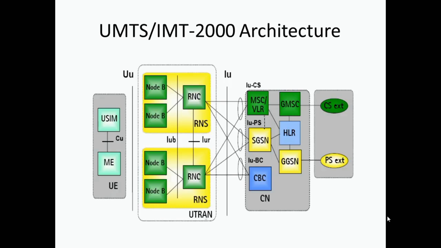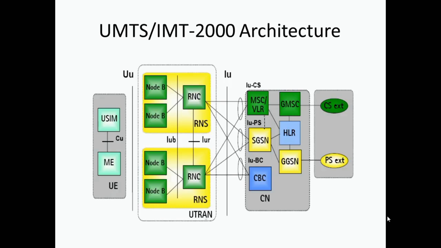The new radio network in UMTS is UTRAN, the UMTS Terrestrial Radio Access Network, and it is connected to the core network by the Iu interface. Now the mobile terminal in UMTS is the UE, that is, user equipment. UE is connected to Node B over high speeds using the interface Uu.